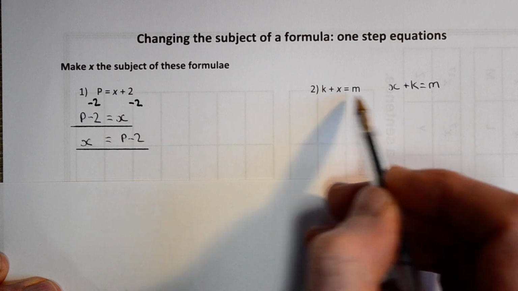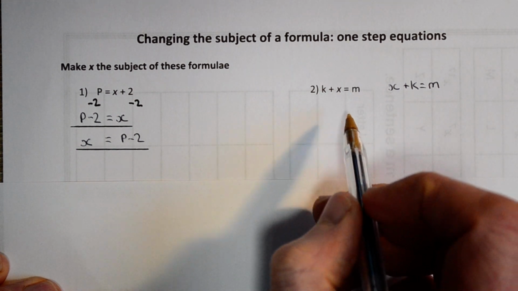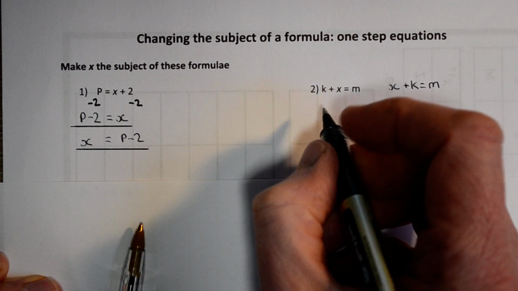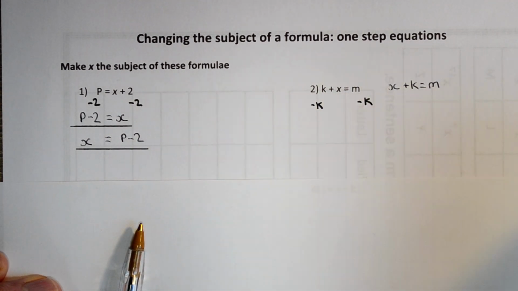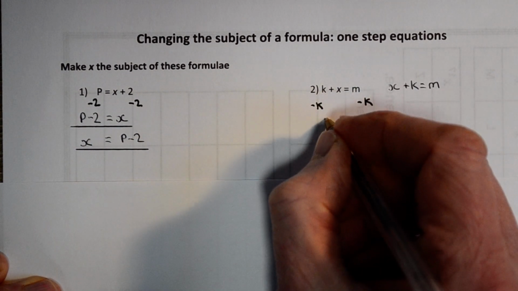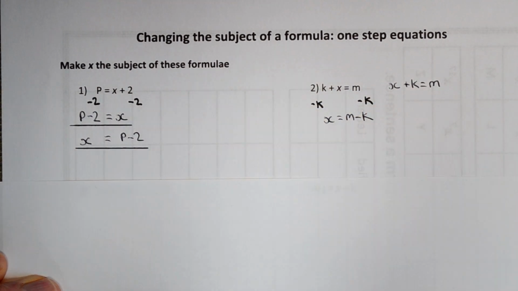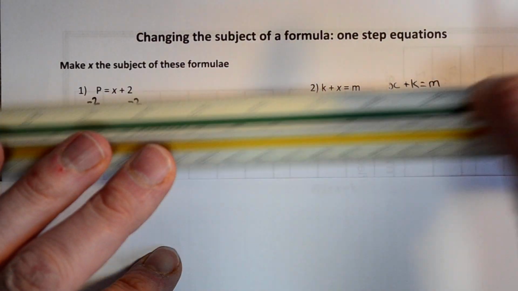It doesn't matter which way round those go. So when we're adding, we simply do the same even if x is second. So we've got k added to x, so we need to subtract it. Opposite operation. And now x is our subject.